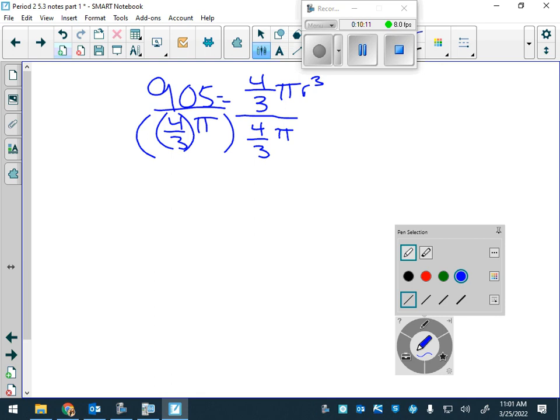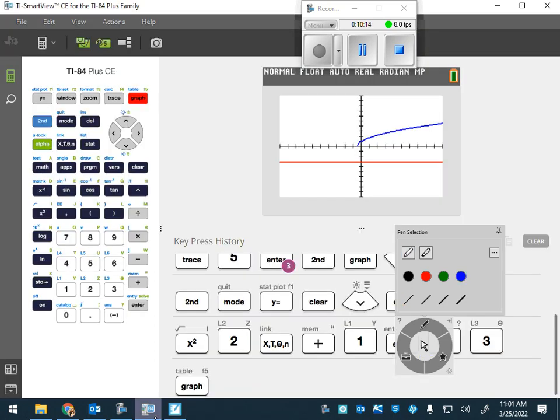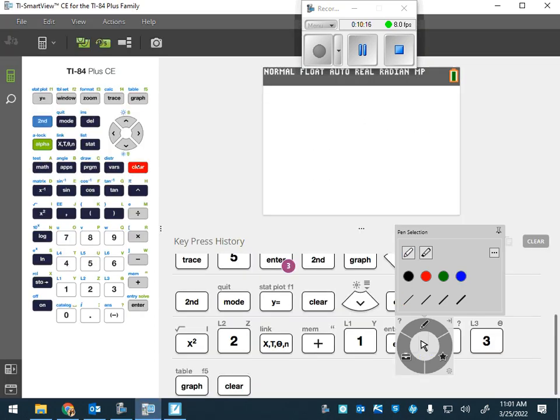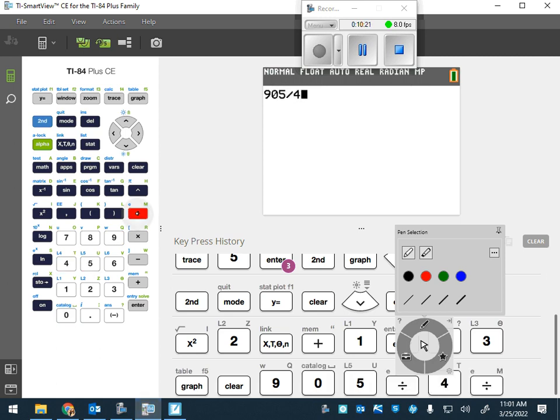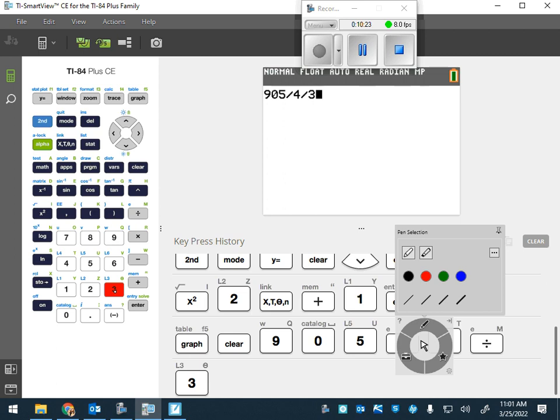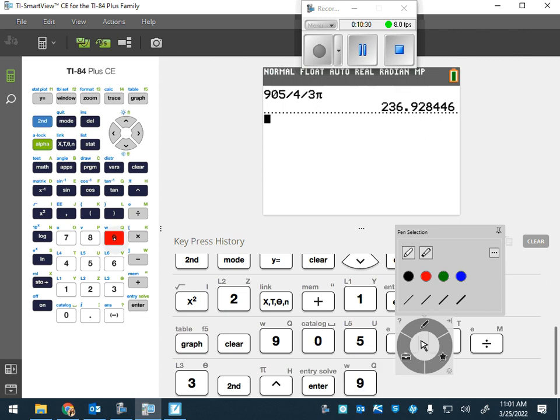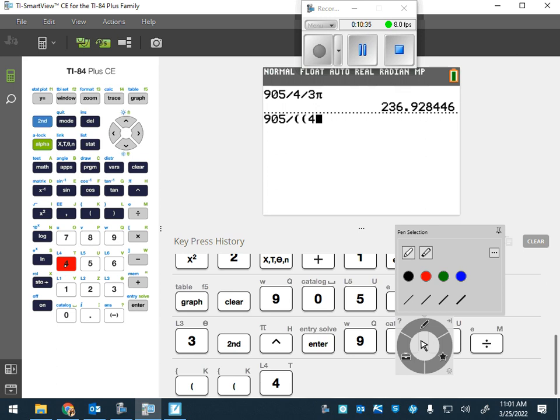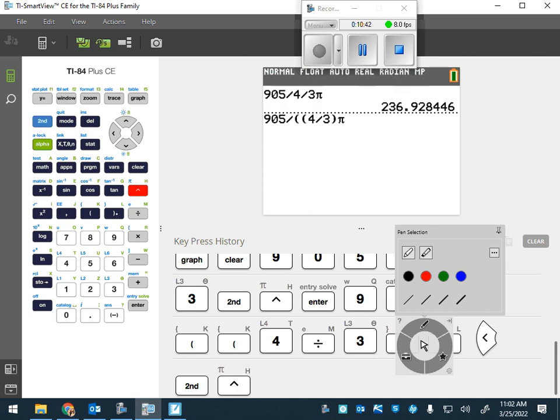All right, so in our calculators, if you just entered it like this, that's what you're going to get before you take the cube root. So when you do 905 divided by, with parentheses, you get 216.05.